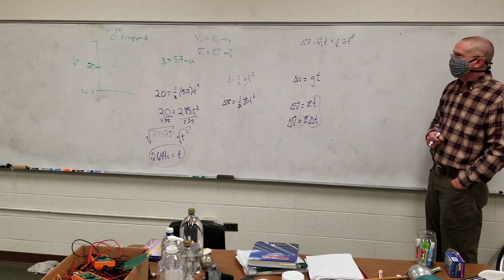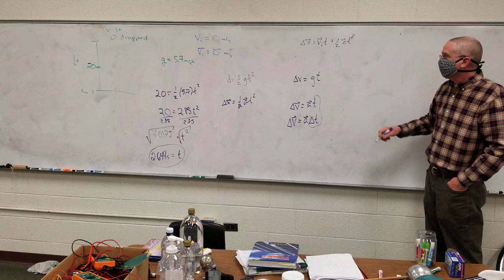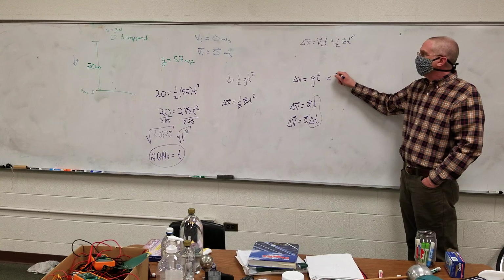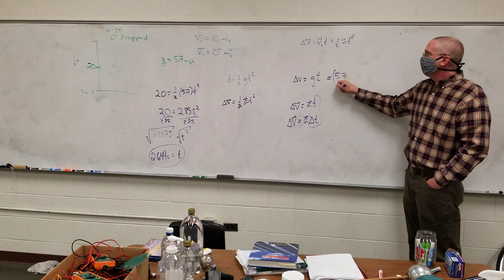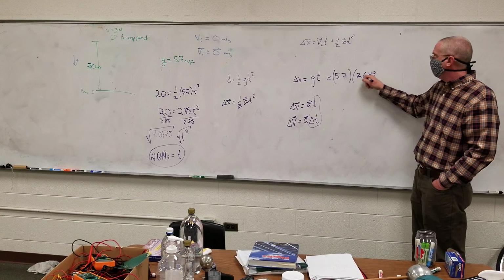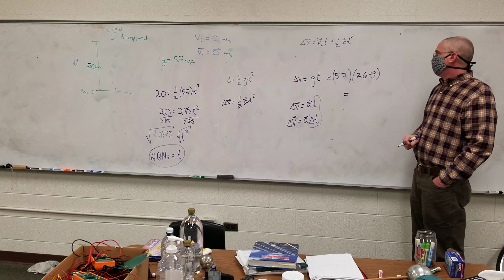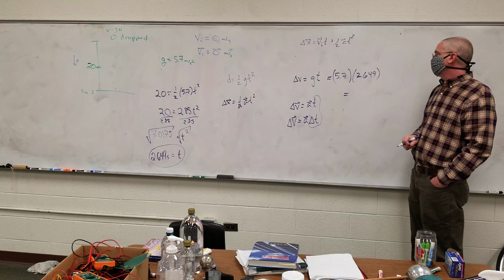So now, because this applies specifically to, I drop an object, how fast is it going? That would be 5.7 times time, which is 2.649. Around 15-ish.